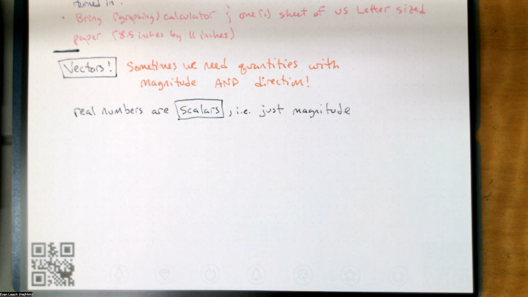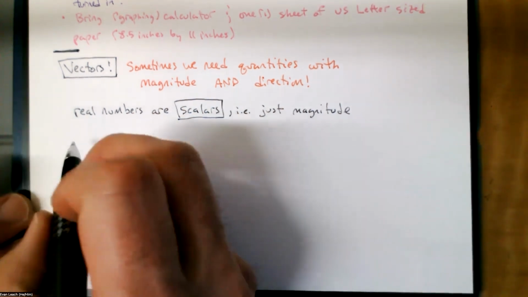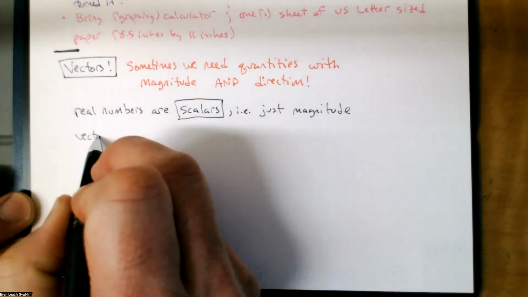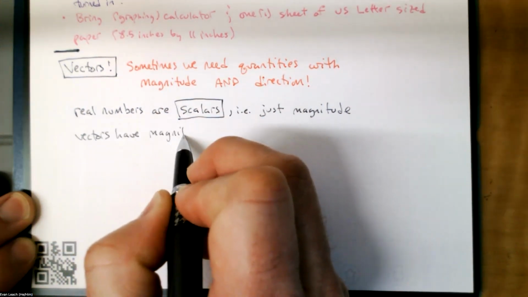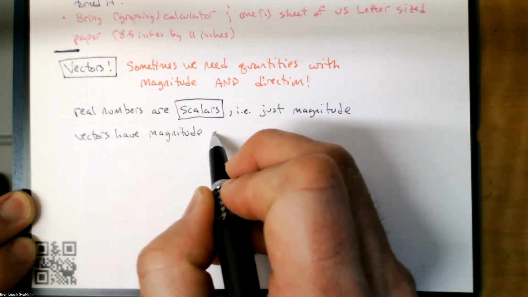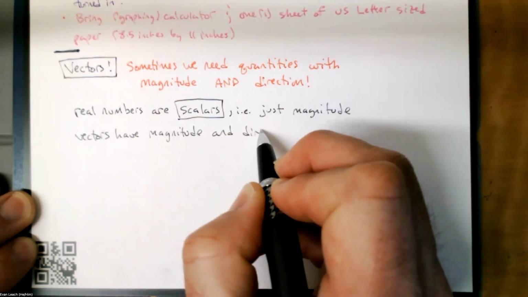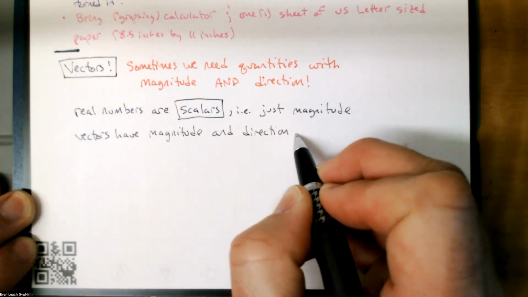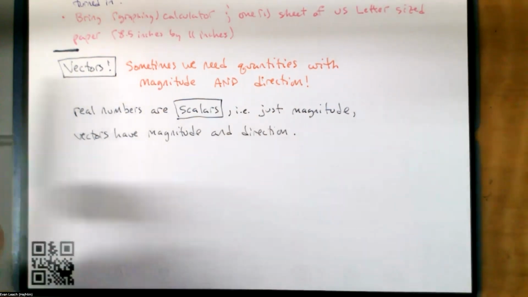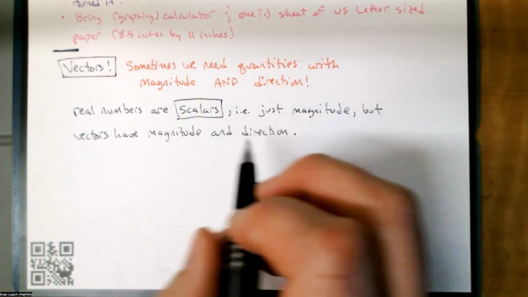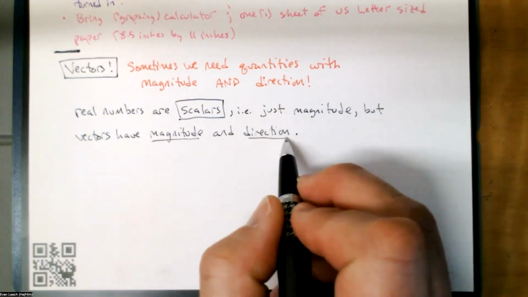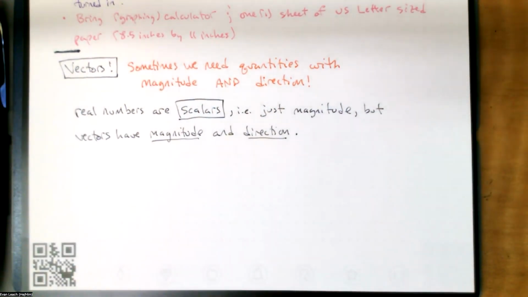Vectors have a magnitude and a direction.